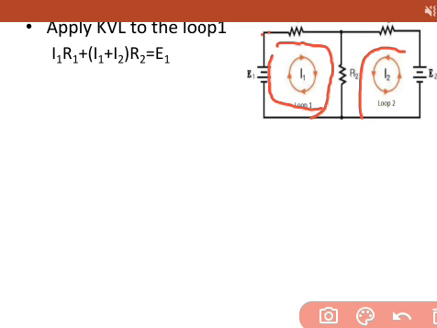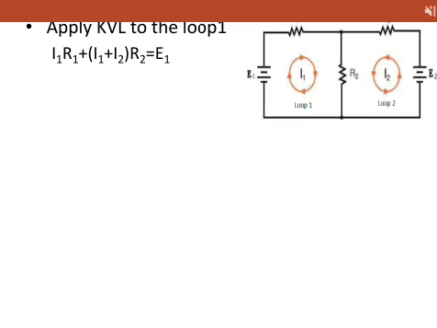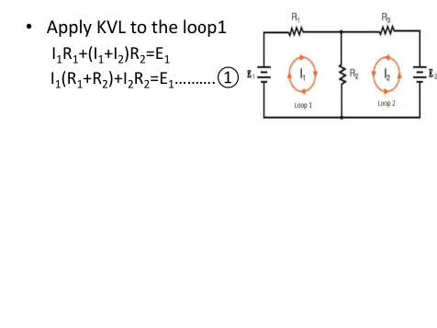That means the rise in potential in the source, negative to positive, we must take positive, plus E1. So I1 into (R1 plus R2) plus I2 into R2 equals E1. Say, equation 1.